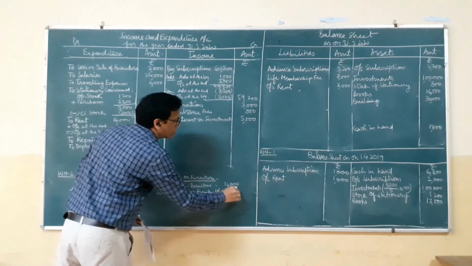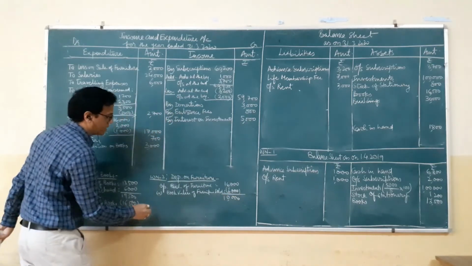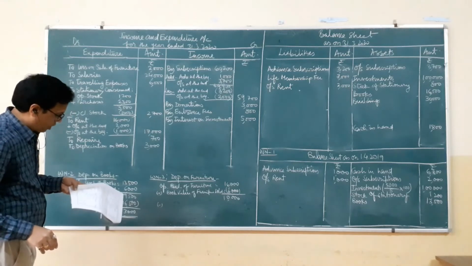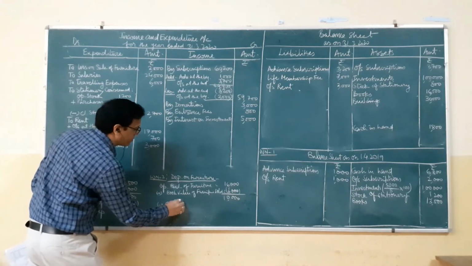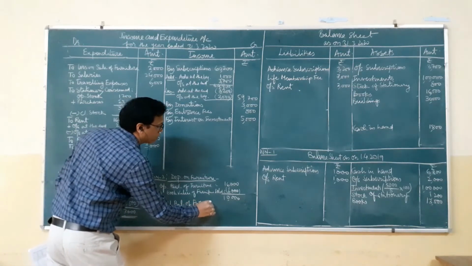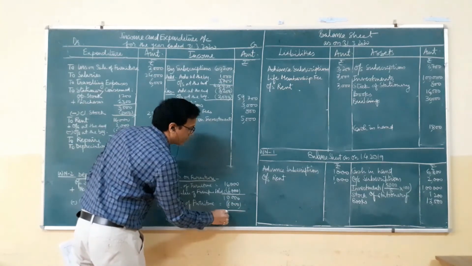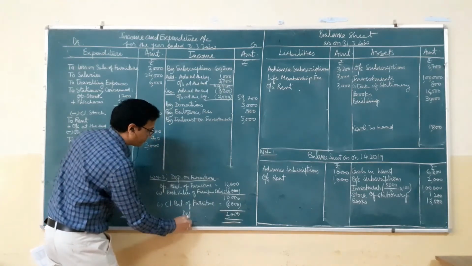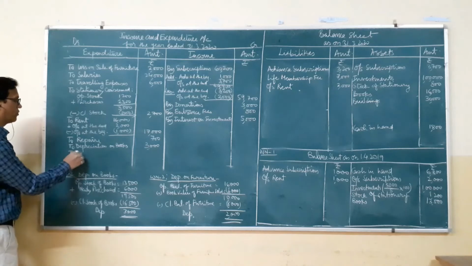So 6,000 rupees of furniture has been sold. It means 10,000 rupees furniture is with us, minus closing balance of it is given. Closing balance of furniture 8,000. If we subtract it, then we find that 2,000 rupees is the depreciation on furniture. So this depreciation we write here, depreciation on furniture.